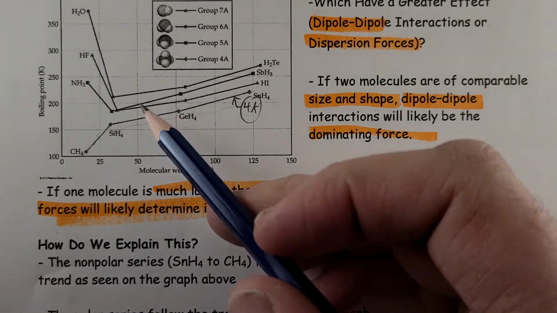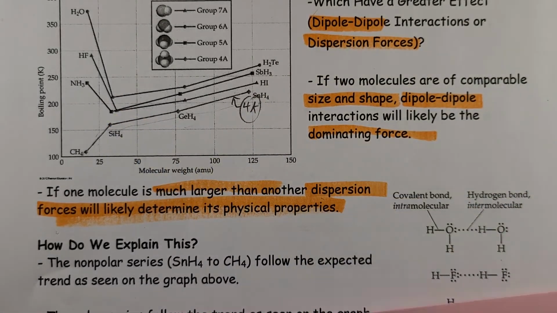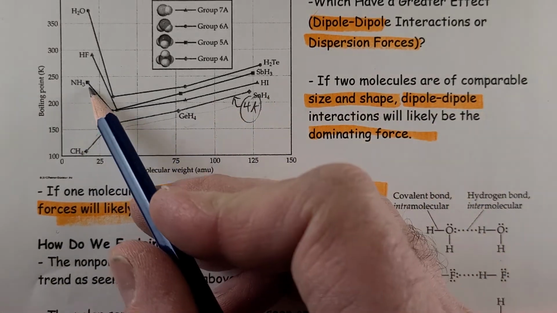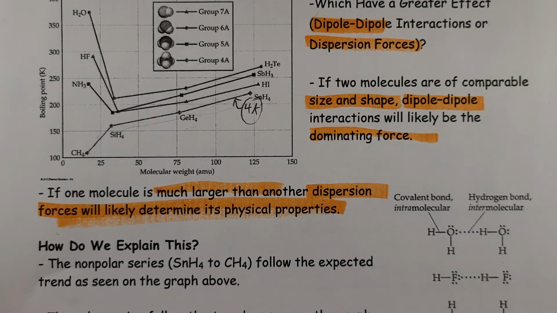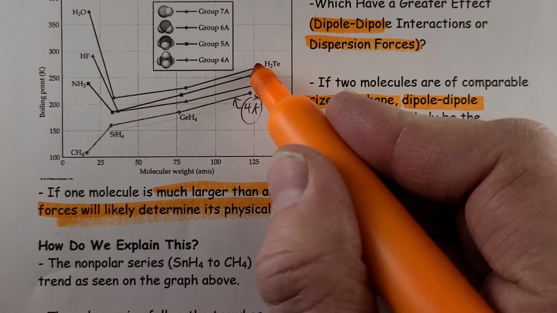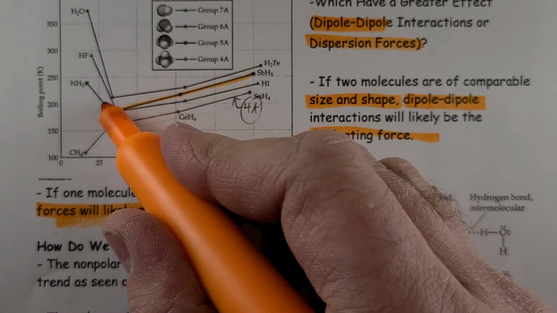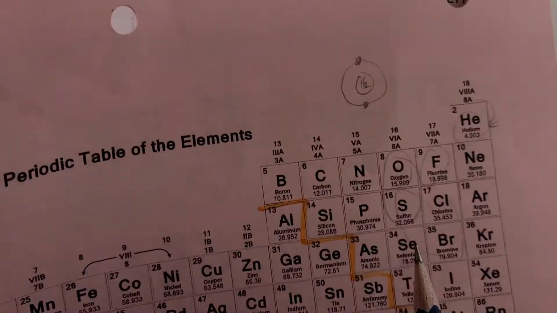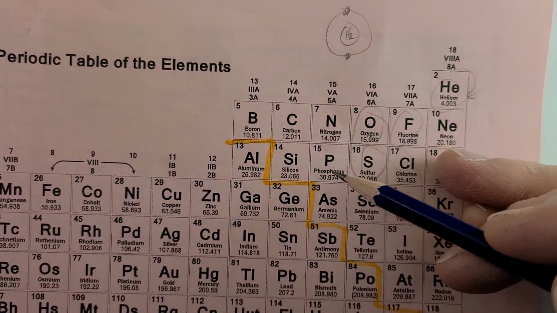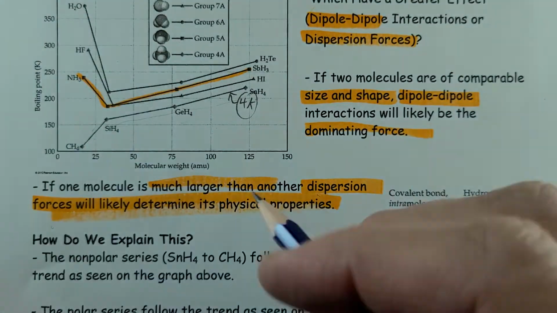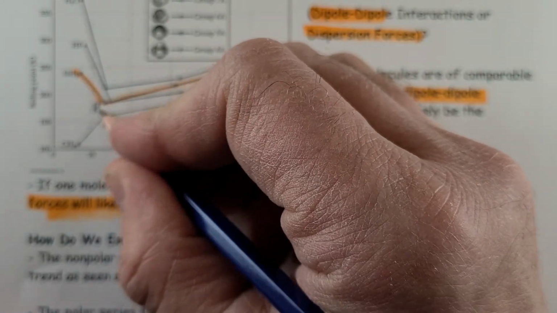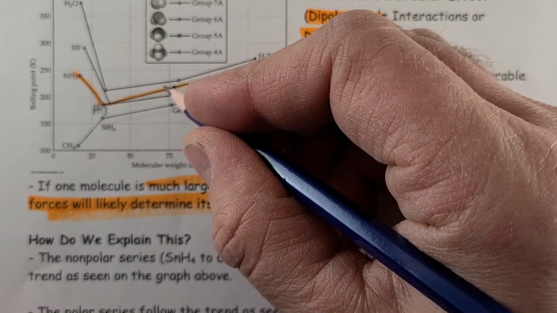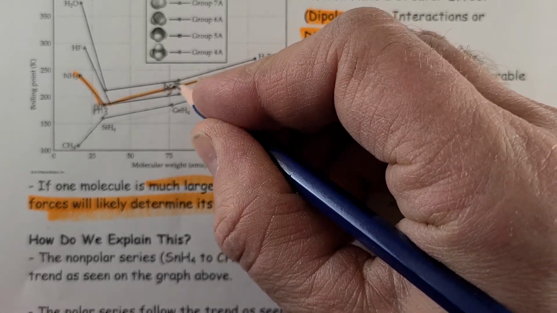4A. Let's look at ammonia. Now something interesting happens here. NH3, let's be careful here. It follows this pattern right here. So this is what I'm looking at next: NH3 going to SbH3. Now they didn't write the other ones here, but this would be PH3, and this one would be AsH3.